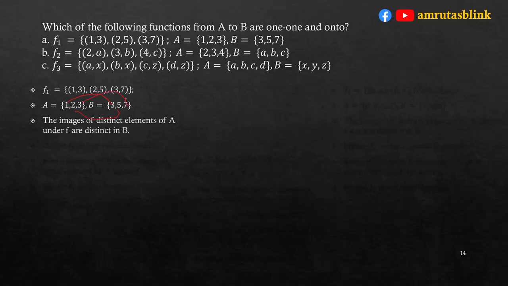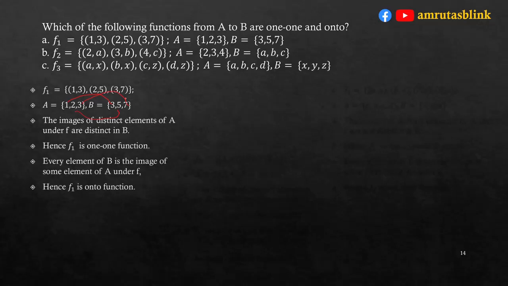That means the images of distinct elements of A under f are distinct in B. Hence f1 is a 1-1 function. Similarly, every element of B is the image of some element of A under f. Hence f1 is an onto function also.